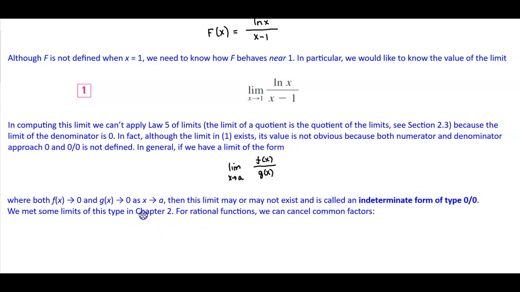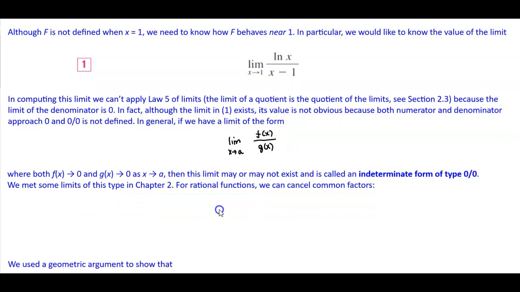Now, for rational functions, we can cancel common factors. So, if we have the limit as x is approaching 1 of the function, let's say x squared minus x divided by x squared minus 1, we would factor.